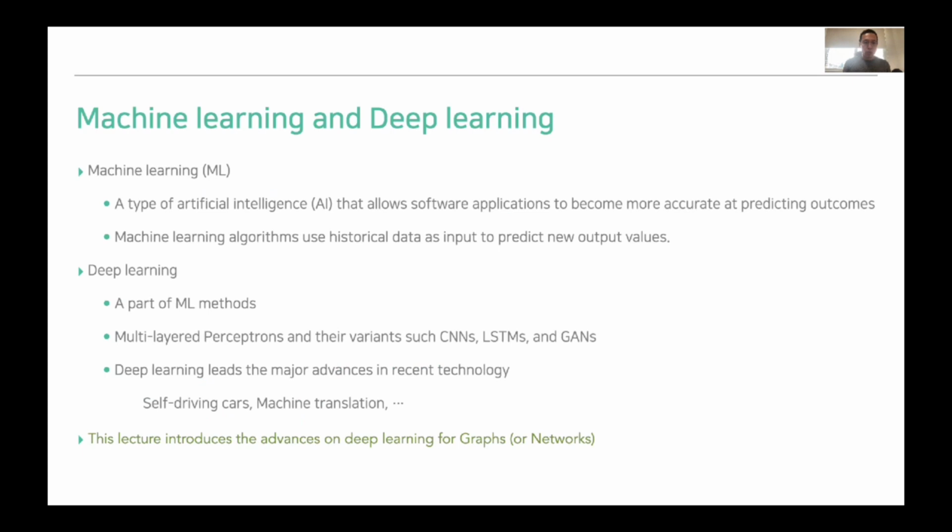So we need to talk about machine learning and deep learning first. As you know, machine learning is a type of artificial intelligence that allows software applications to predict outcomes based on previous observations. So what is an example of the observation?